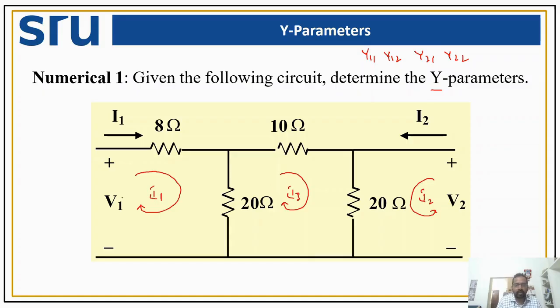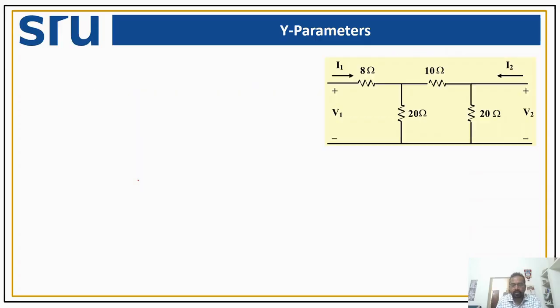Now we shall apply the mesh analysis. When we apply mesh analysis for mesh equation 1, V1 is a voltage rise from minus to plus. With the current I1 flowing in this clockwise direction and I3 in this clockwise direction, there will be a voltage drop across this 8 ohm caused by the current I1, and a voltage drop across this 20 ohm caused by the combination of I1 and I3.